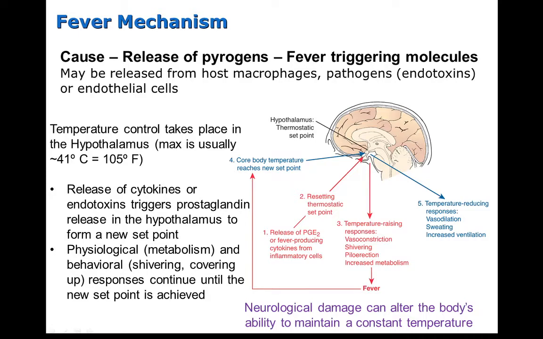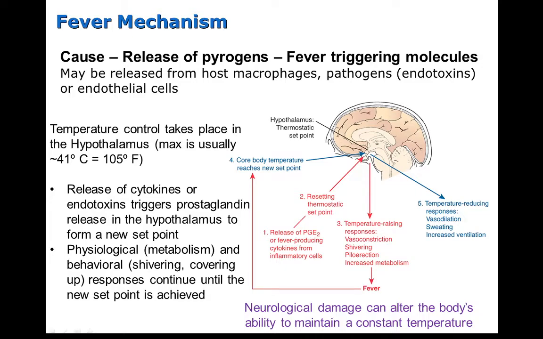Normally, our body temperature is 37 degrees centigrade or 98.6 degrees Fahrenheit. The hypothalamus temperature can reset up to 41 degrees or 105. It is possible for people to have a higher temperature, but temperatures over 105 in adults generally signal that we have a CNS or a central nervous system problem.